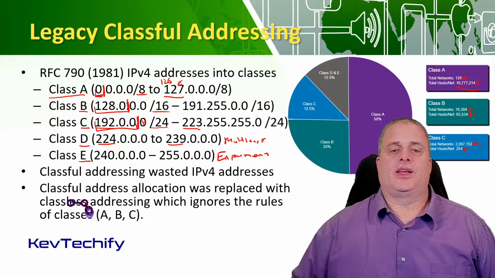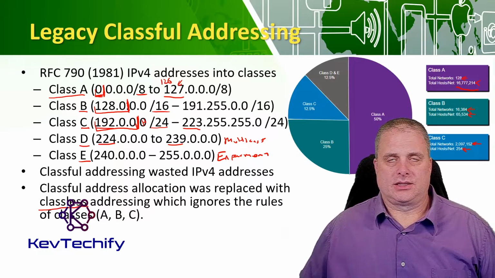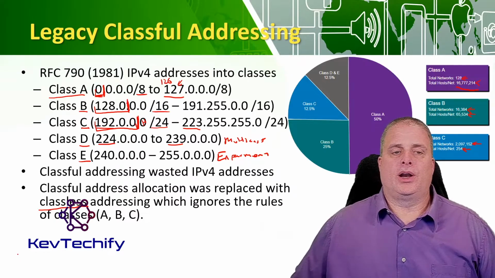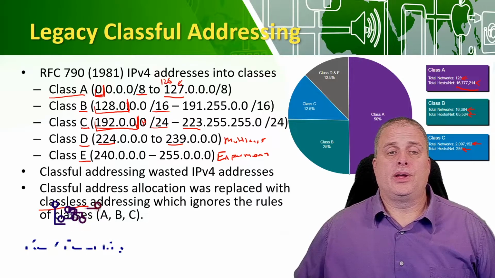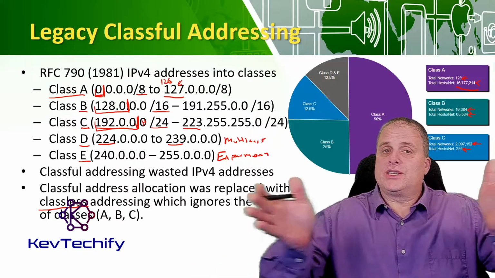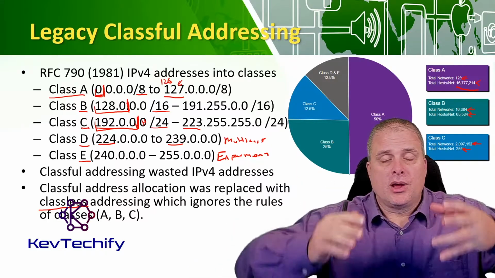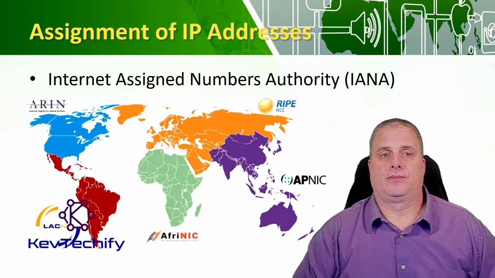Eventually, we got rid of classful addressing and used classless addressing. Classless addressing is where instead of having a /8, /16, /24, we can have a /25, /26. The network portion doesn't have to follow the octets anymore, and that helps us make better, more efficient use of our IP addresses.